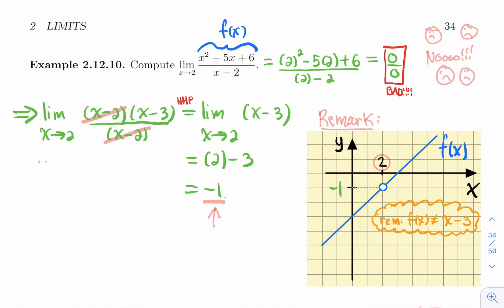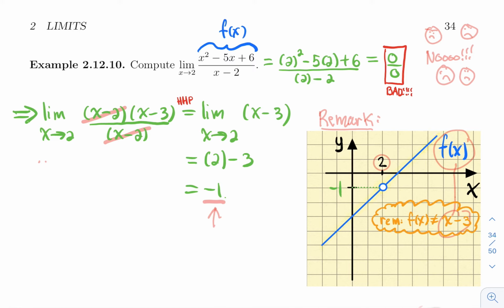Because when you look at f of x, there's a common misconception that this equation, x squared minus 5x plus 6 over x minus 2, is x minus 3. No, it's not. When you plug 2 in before simplification, it's undefined. But what's the difference between the full line x minus 3 and that function f of x?